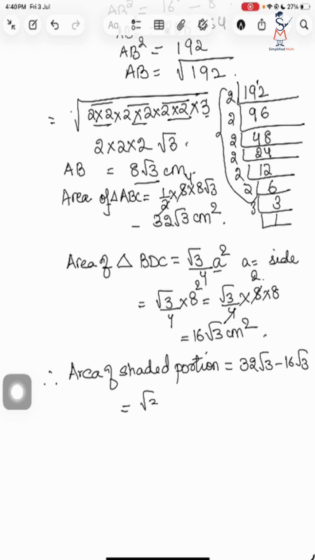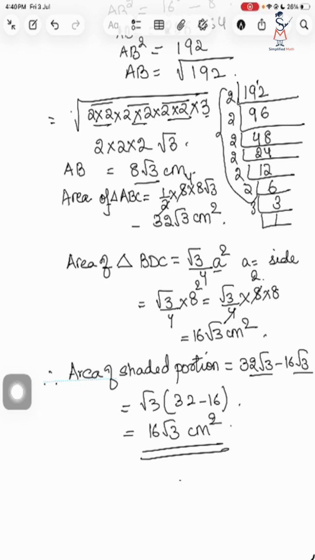Root 3 is common in both the terms, that means 32 minus 16. 32 minus 16 is 16. So 16 root 3 centimeter square is the area of the shaded portion.